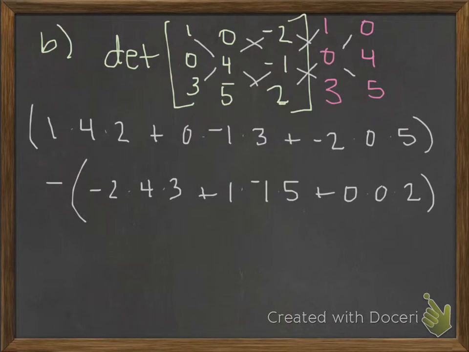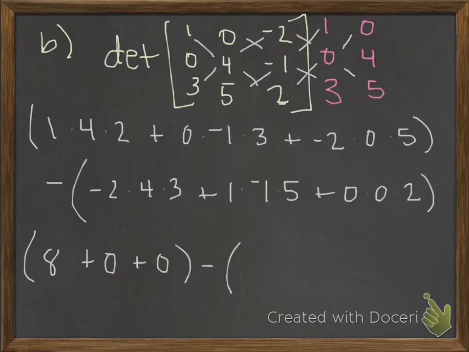And now that I have it all set up, the last thing we have to do is just calculate these products. So the first product, 1 times 4 times 2, is 8. 0 times negative 1 times 3 is 0. Negative 2 times 0 times 5 is 0.